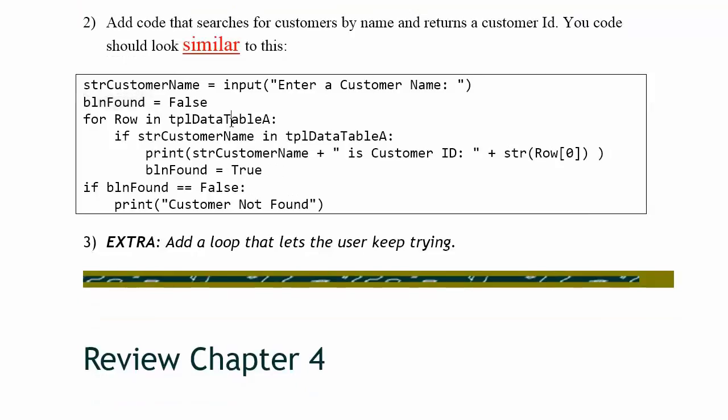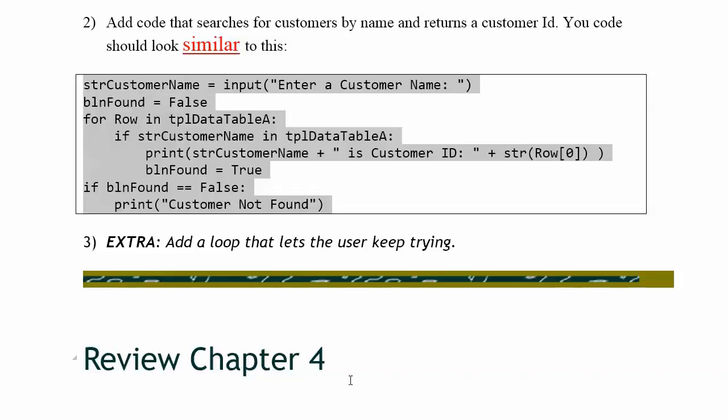I want to go through the table row by row looking to see if they found the customer I was looking for. And then if I do, print out the ID. Oh yeah, this code is almost identical to what I want. Which is cool, because sometimes you find something on the internet that's almost the same. You just have to modify it for your own use.